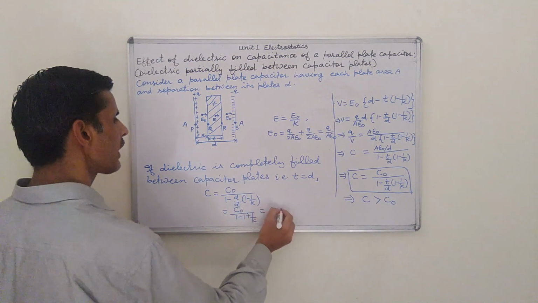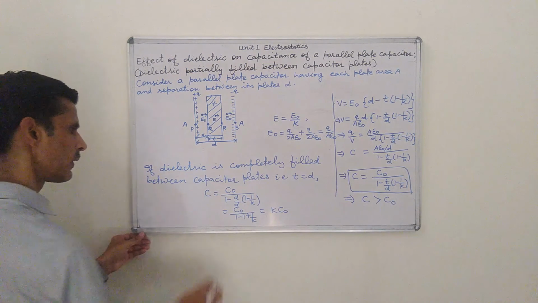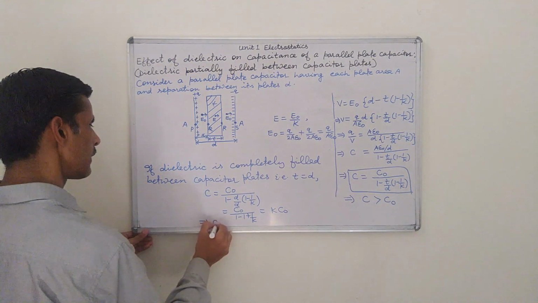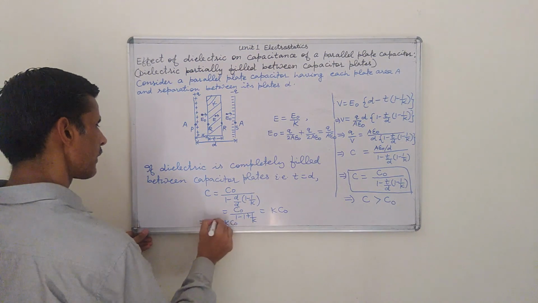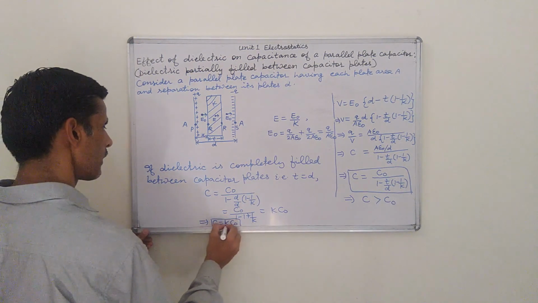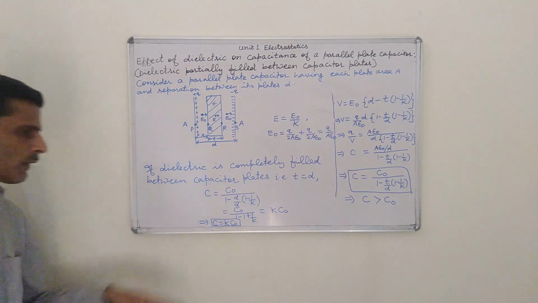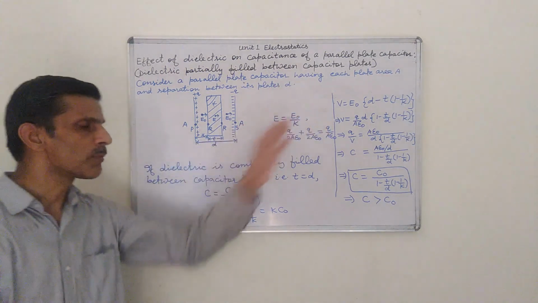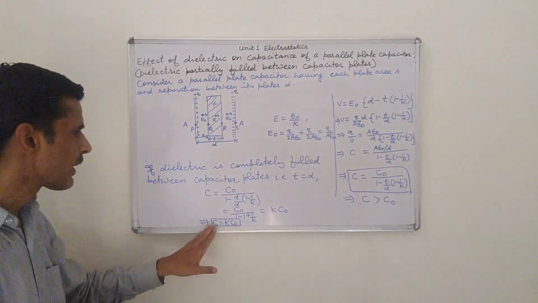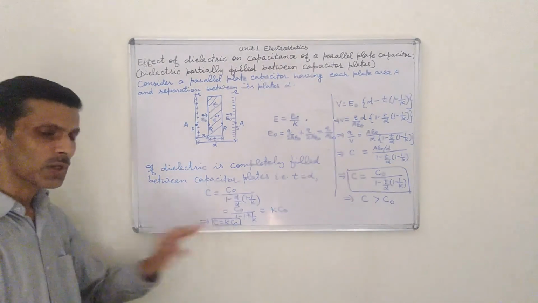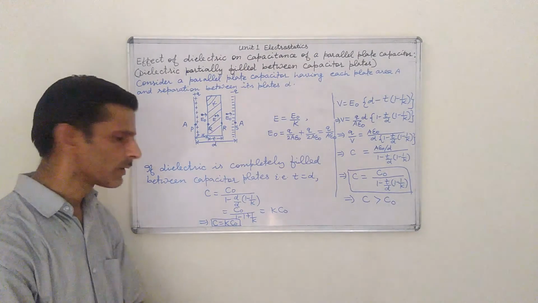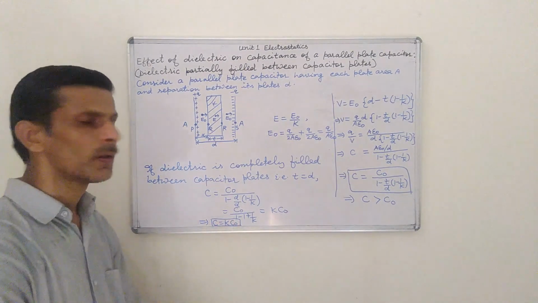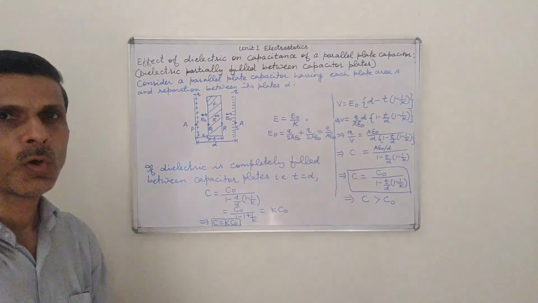So it becomes K times C naught. That is, C is equal to K times C naught. So when the dielectric is completely filled between the capacitor plates, the capacitance becomes K times the capacitance of the capacitor in the presence of vacuum or air.